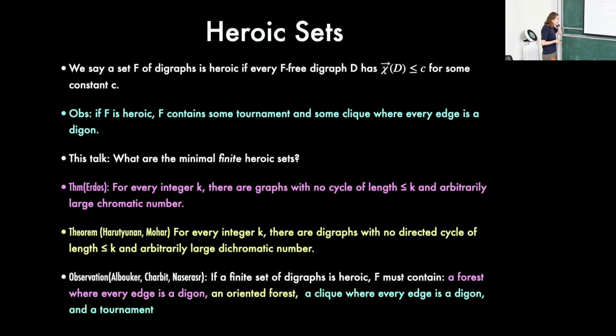So anyway, we take this as a black box. It was observed by Aboulker, Charbit, and Naserasr that if you have a finite set of digraphs and it's heroic, it has to contain a forest, because otherwise you're in trouble because of this theorem.